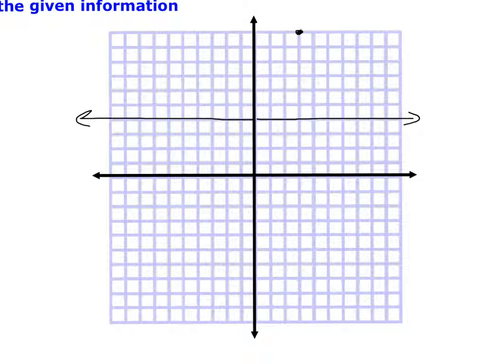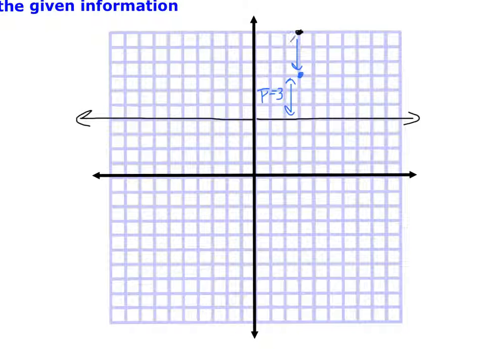So I know that my vertex then needs to be halfway in between that, right? So if my focus is up here at 10 and my directrix is down here at 4, I want to land a point directly in between that, which we know would be going, if you just count, 3 in either direction. So if I count down 3 or up 3, so here we have a p of 3.